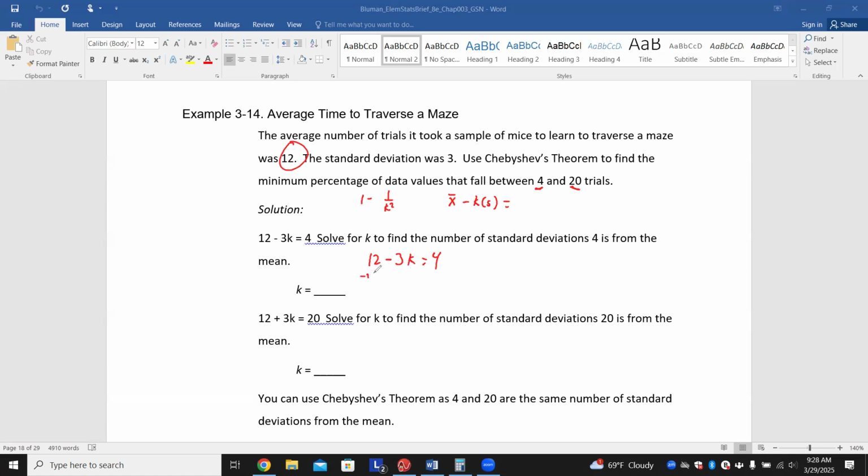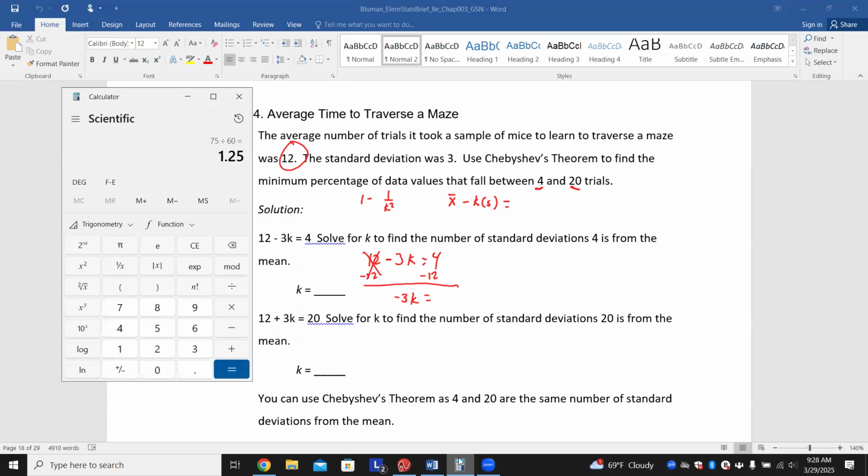To solve this, a little algebra: 4 minus 12 gives negative 8. Then negative 3k equals negative 8, and we divide by negative 3.